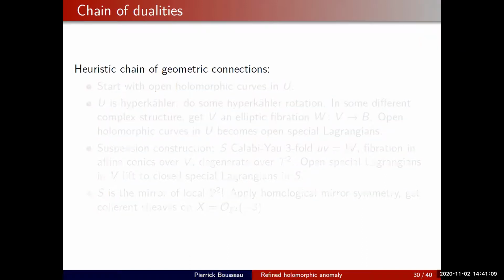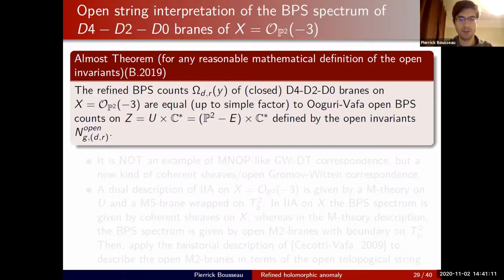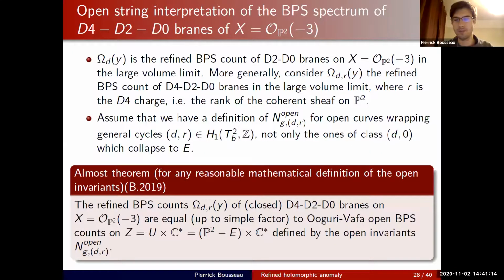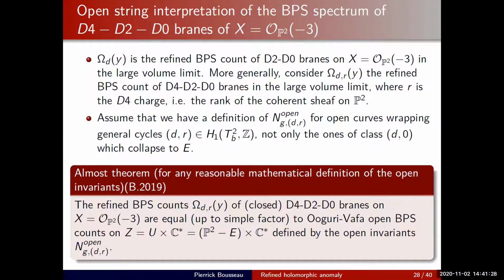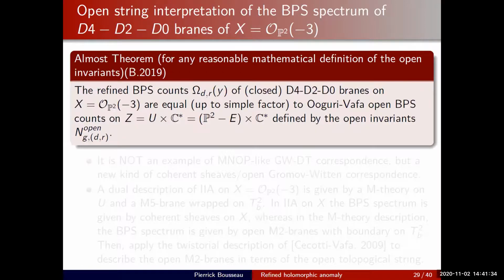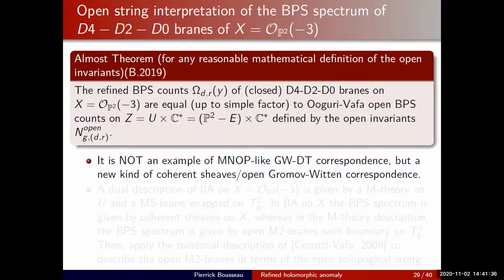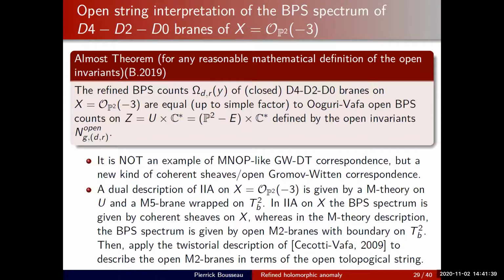But to give a mathematical definition of this open count, it only works in this weak coupling limit, where you can close the open curve into a closed curve. If you want an honest mathematical definition of the open count in the interior, you should do some honest open Gromov-Witten invariants. So setting aside the definition of what you're computing, can you compute them in the interior, not just via wall crossing from infinity, but directly?